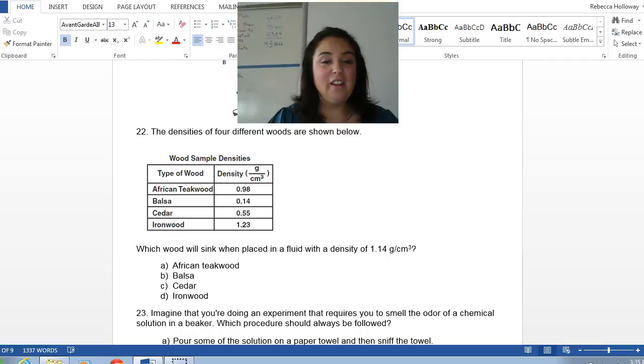Ironwood, 1.23. Which wood would sink when placed in a fluid with a density of 1.14 grams per centimeter cubed? Would that be A, the African teakwood, B, the balsa, C, cedar, or D, the ironwood? Which wood would sink when placed in a fluid with a density of 1.14 grams per centimeter cubed?